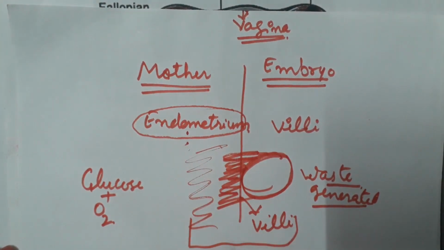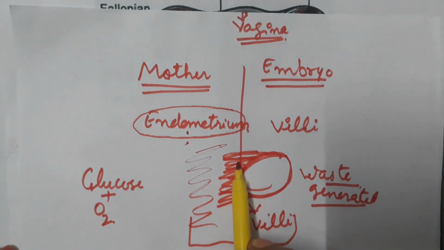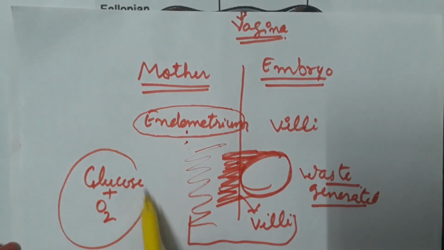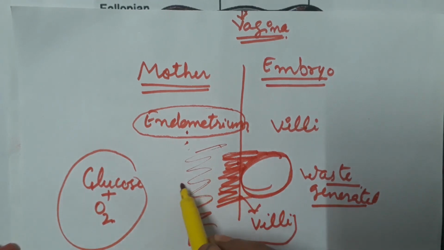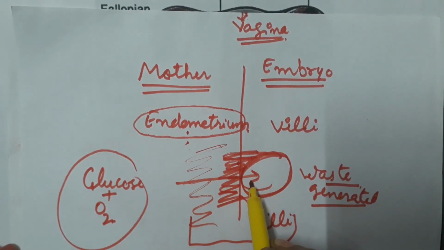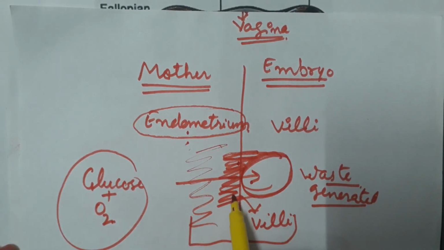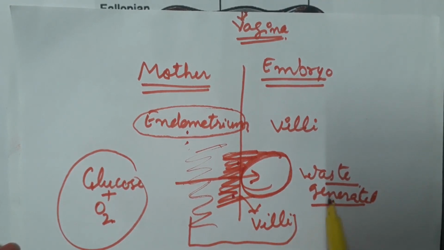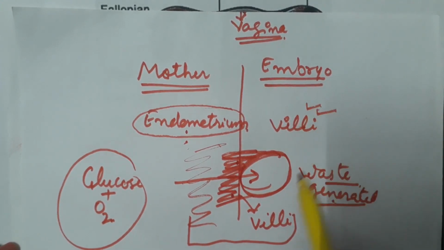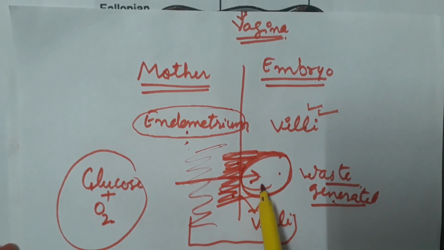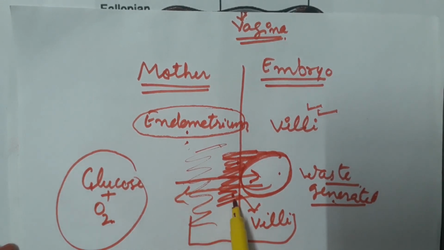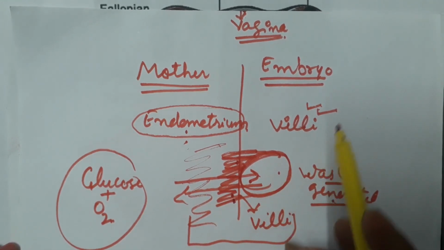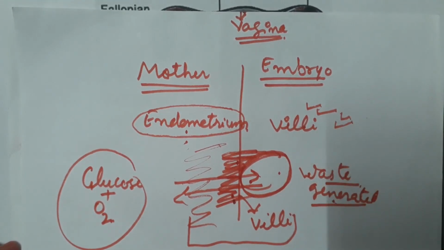This is called the placenta. Useful substances like glucose and oxygen from the mother side enter into the embryo body through the placenta, and the waste generated on the embryo side also passes from embryo to the mother's body through this placenta. This is how placenta works and provides nourishment to the developing embryo or developing child.